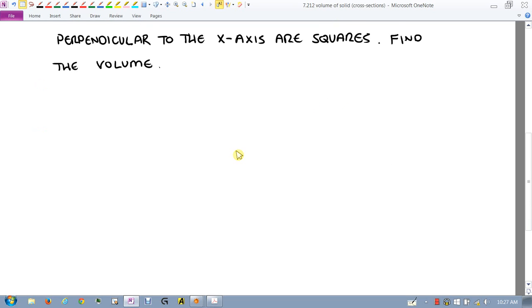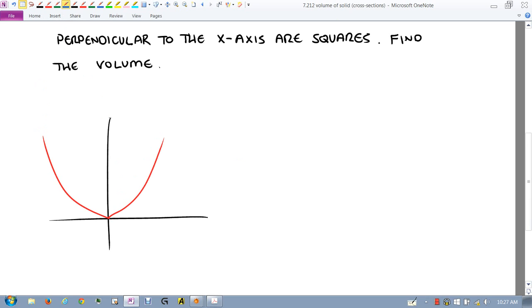So here we go. This is how you would do it. Draw your quick picture. Draw a typical slice. This time I'm going to give it some width. Lay that slice out over here on the ground. And just make a square out of it.